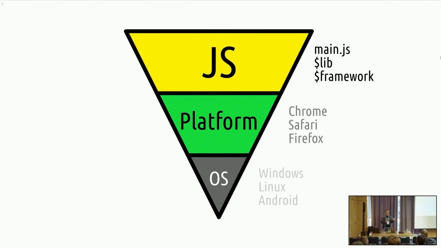And then there's the platform, which is our browsers, Chrome, Firefox, Safari, and everything else. This is more important to us because this is the platform that we directly interact with. Browser bugs affect us directly. And then finally, the biggest layer, and the one that we seem to be most concerned with these days, it's the library layer, where we have our frameworks, our libraries, and these guys usually form sort of a lens through which developers view their entire projects.